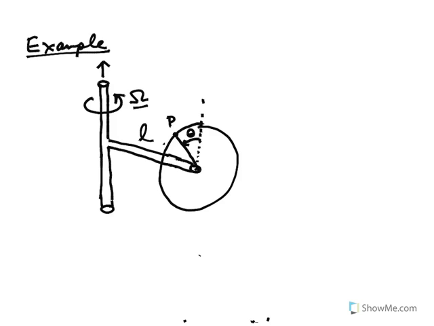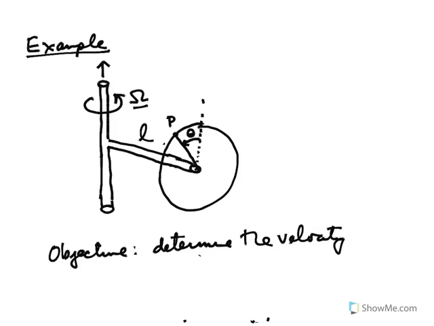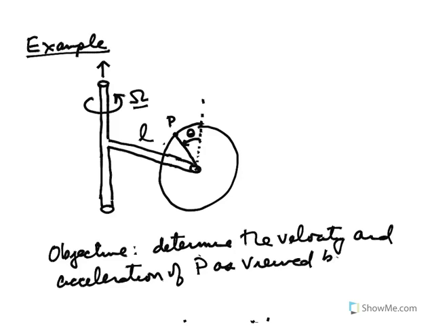Now the objective of this problem is to determine the velocity and acceleration of point P as viewed by an observer fixed to the ground.